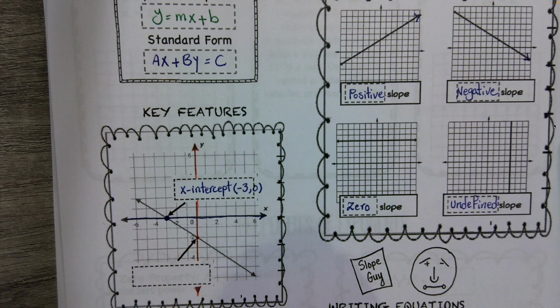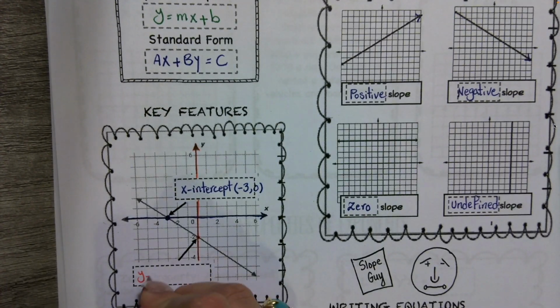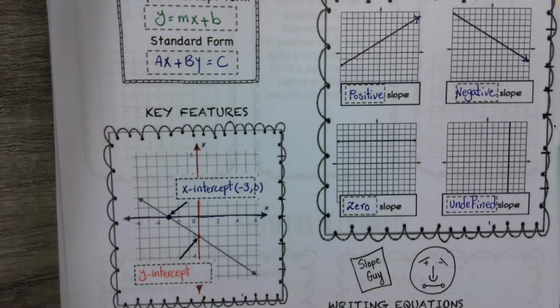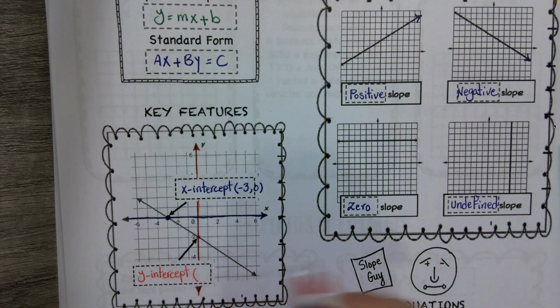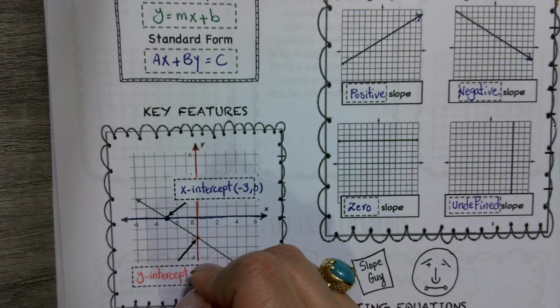That point is your y-intercept. We usually call it b, which is that b. The coordinate for this one is 0 and -2.